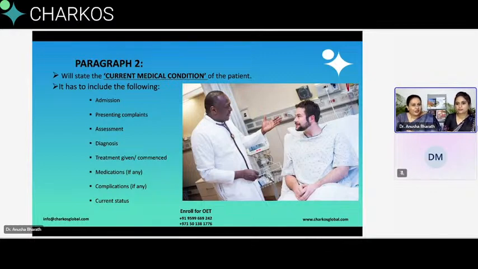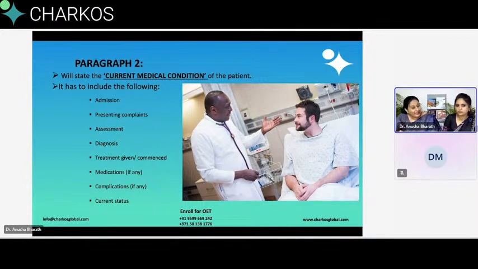Well, when we look at the second paragraph, it states that we have to state the current medical condition. Yes. So it should start with the admission details. So we can start. Mrs. Smith was admitted on 2nd July 2018 with the presenting complaints. If the patient was presented following a road accident, you would say that.